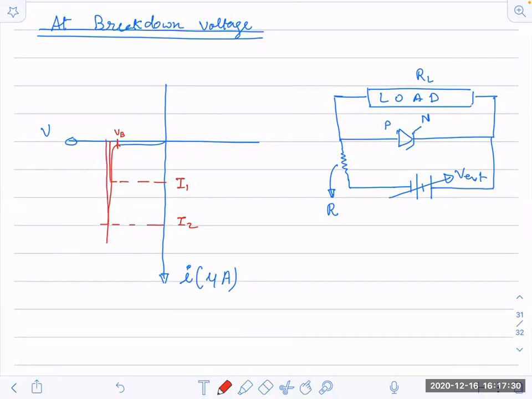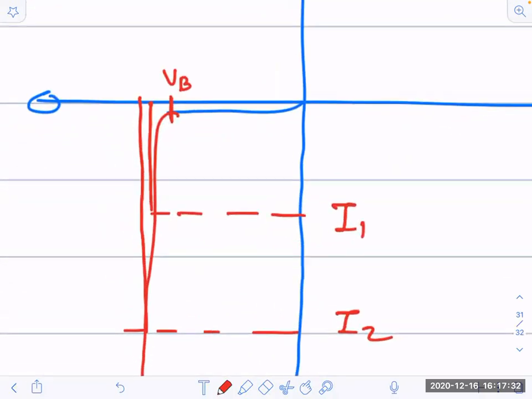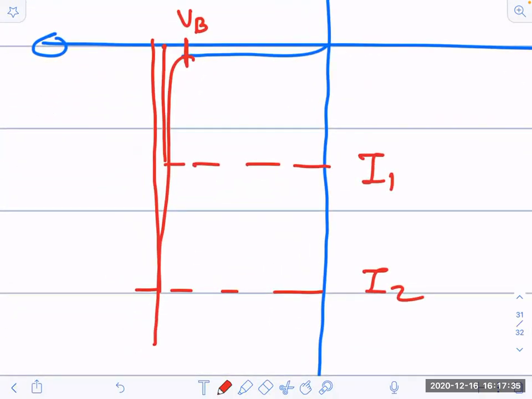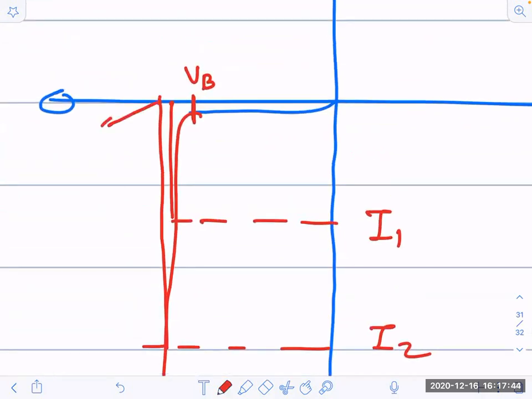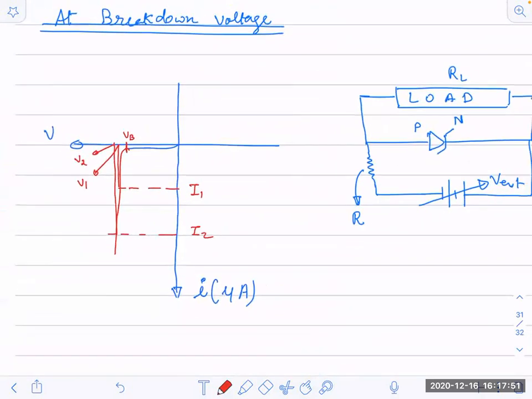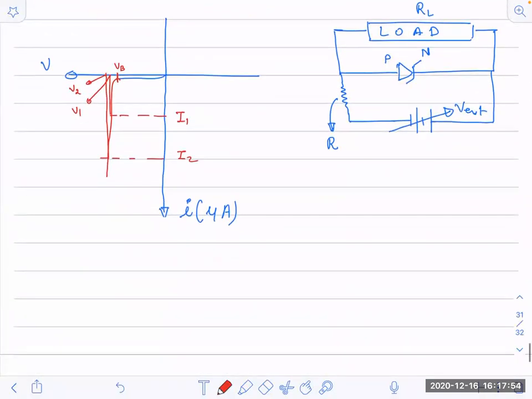Just see the difference. For a huge difference in the current, there is very little change in the potential. Suppose this is V2, this is V1. This property of the Zener diode is what is used.